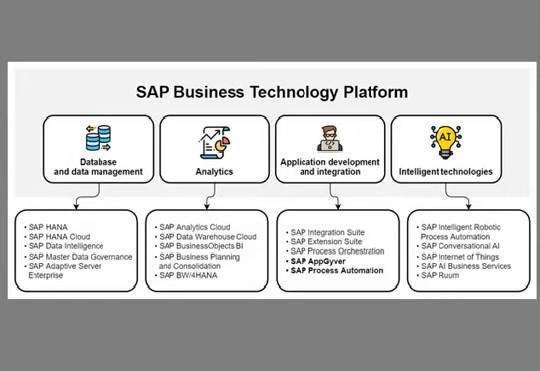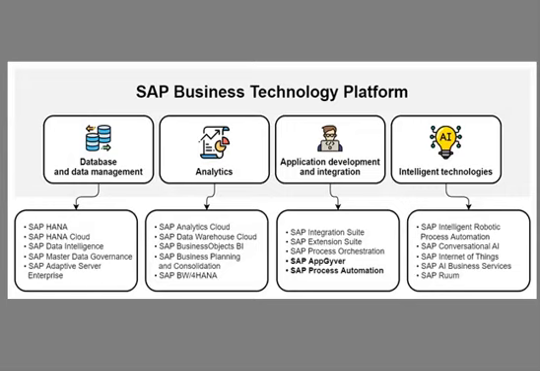What is the SAP Business Technology Platform? SAP Business Technology Platform is a comprehensive platform as a service offering from SAP that brings together a range of services and tools to support digital transformation initiatives.